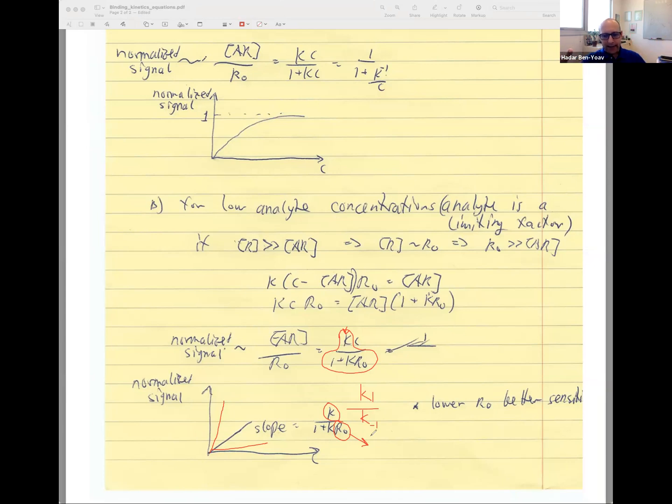If we decrease the concentration of the receptors on our sensor, we can actually increase the sensitivity. See how cool it is? I mean, we just described in equations the reaction kinetics of analyte and receptor interactions. And we got this equation that tells us that if we decrease the amount of the receptor, we actually increase the sensitivity of the sensor at low analyte concentrations.